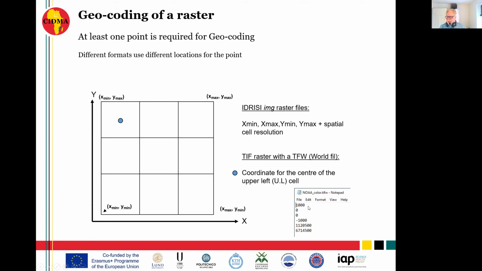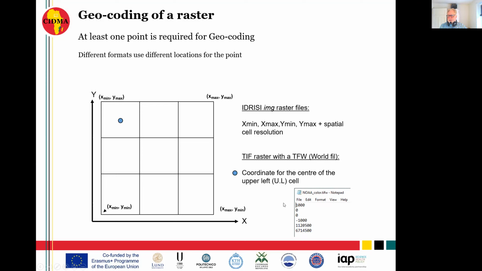We have the X resolution of the pixel. These are rotation parameters, but it's not rotated in this case. And the Y resolution, as the Y is going from the top to the bottom, will be negative. And then we have the coordinate of the center of the upper left cell.